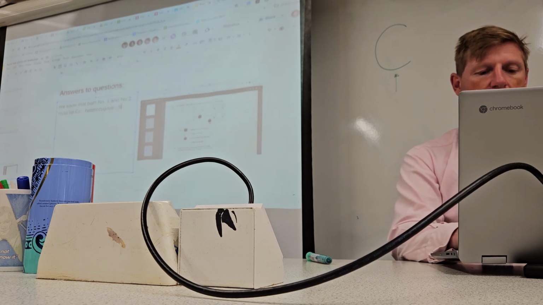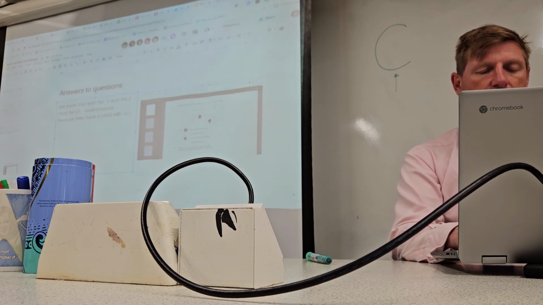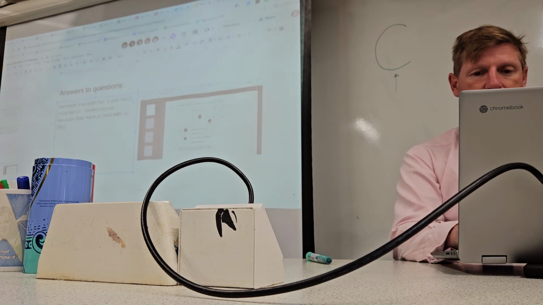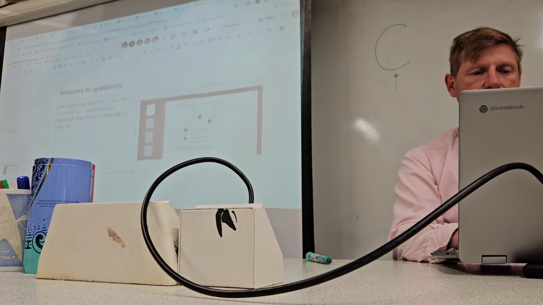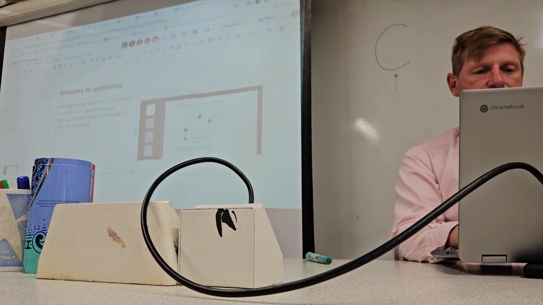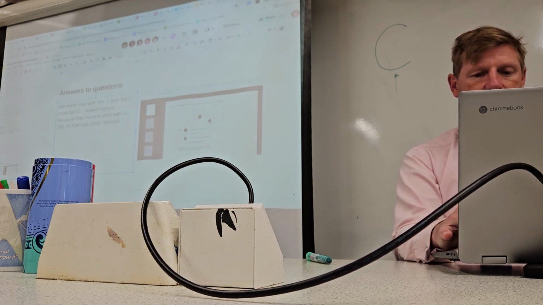Heterozygous, good. Because they have a child with small c, number 6, that has cystic fibrosis.